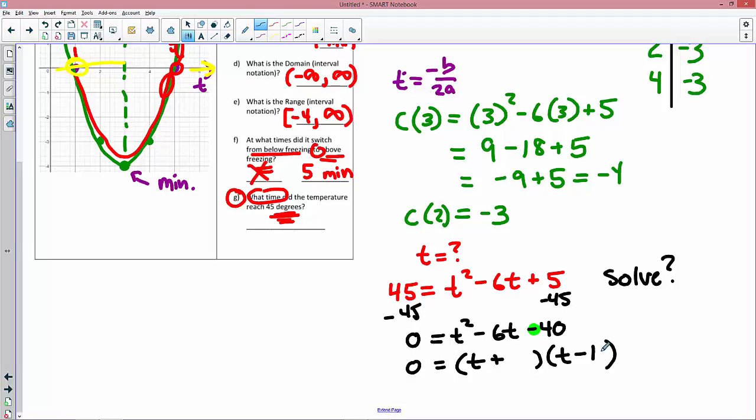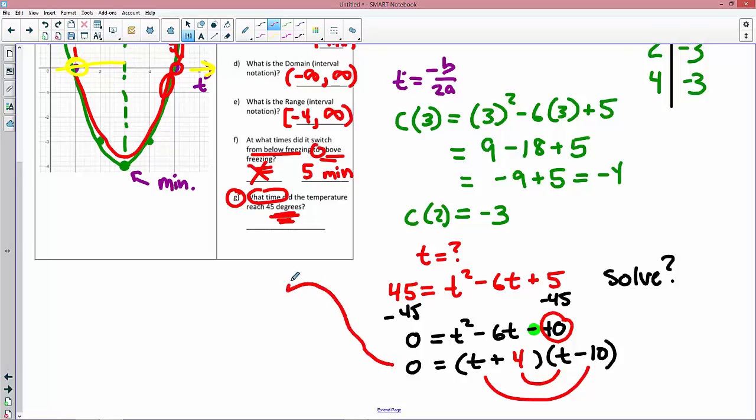I'm sorry, not 10 and 6, 10 and 4, my bad. I'm rushing again, 10 and 4. 4 times 10 is 40, and it's negative 40 actually. The 10 has to be negative and the 4 positive. When you do the inners and outers, the inners is 4t and the outers is negative 10t. When you add up negative 10 and 4, you get negative 6. So there we go. It's not the answer though.